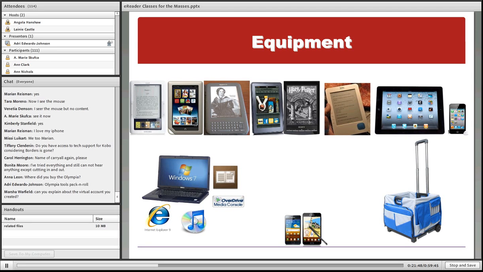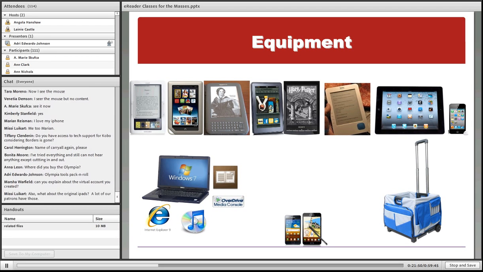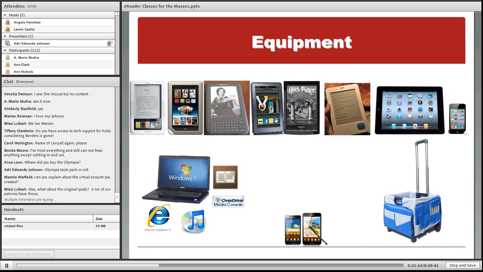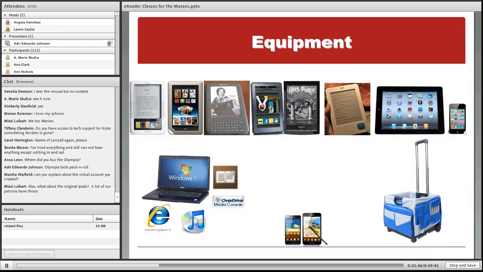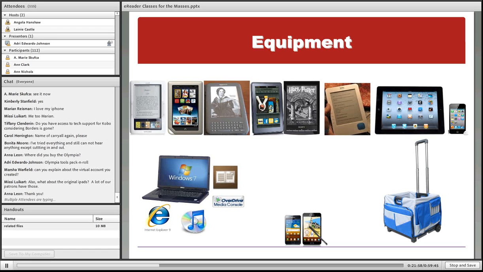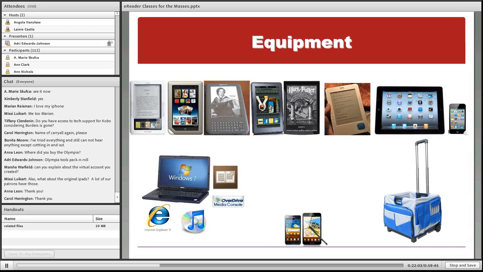The virtual account, we actually use an email address that emails everyone in the department. It's virtuallibrary@pls.lib.ok.us, and you'll see it here at the end. But everything is registered to that account, and all the emails, all the registration, everything goes to that account.